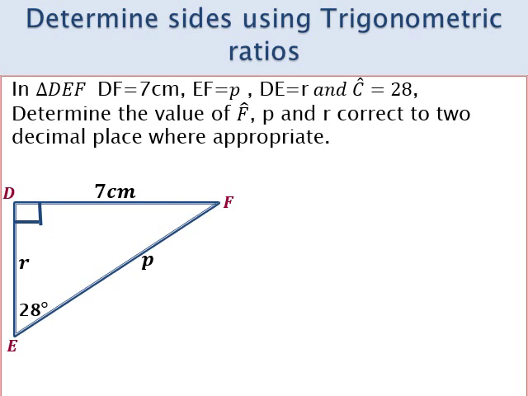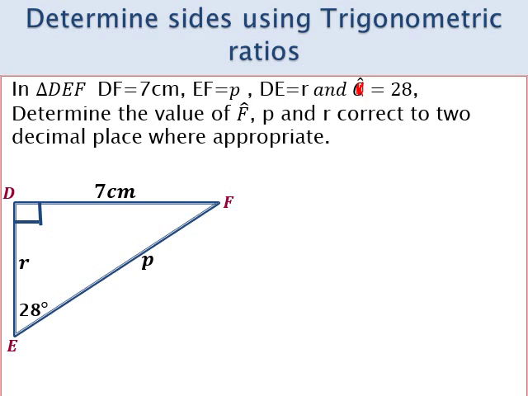Okay, now you can try to work out this one. In triangle DEF, DF is equal to 7 centimeters. EF is equal to P, and DE is equal to R. But that angle E, not C, but angle E, is equal to 28 degrees.